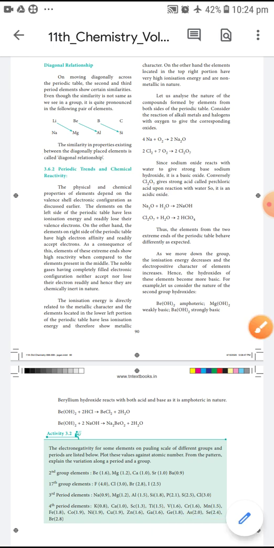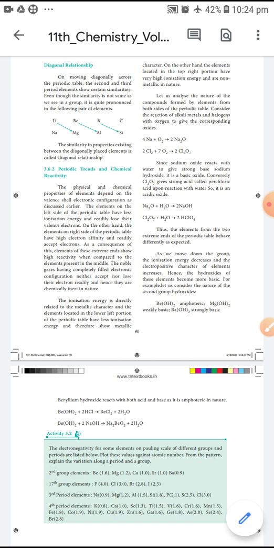Next, let me learn periodic trends in chemical reactivity. The physical and chemical properties of the elements depend on the valence shell electronic configuration. The elements on the left side of the periodic table have less ionization energy and readily lose their valence electron. Left means s-block elements.